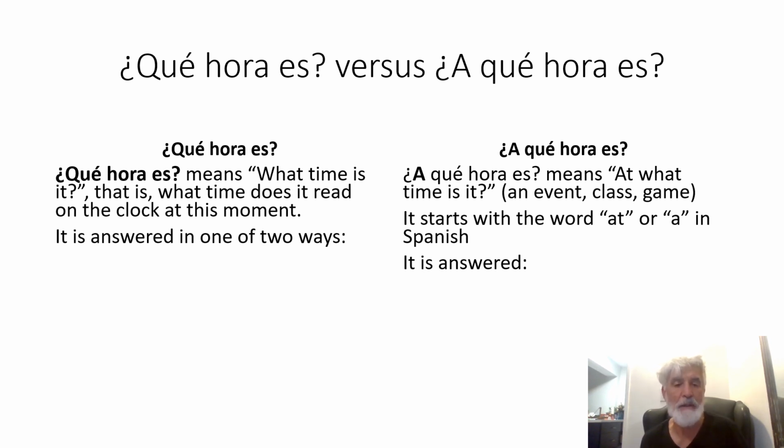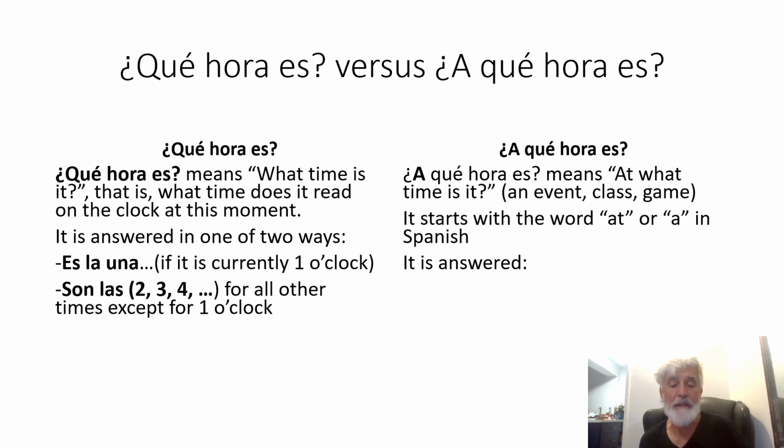And it's answered in one of two ways. If it's currently 1 o'clock, you would start off answering es la una. Okay, and then es la una y 10, es la una y media, es la una y 50.